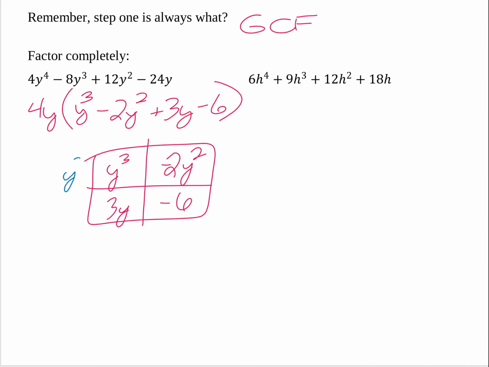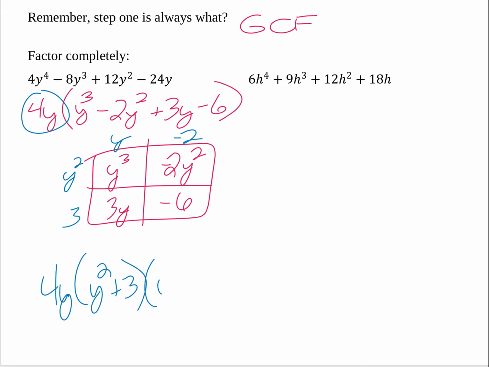Okay. How about the bottom row? 3. Now the first column, just y, and the last column, negative 2. Correct. Okay, so we're ready to write our answer. Don't forget this little brother right here, 4y times, then y squared plus 3, then y minus 2, and we're done.